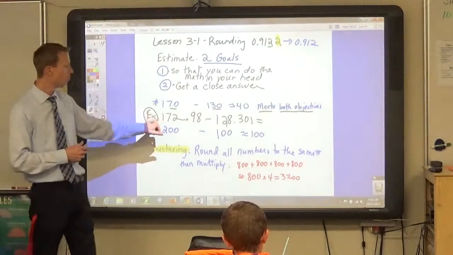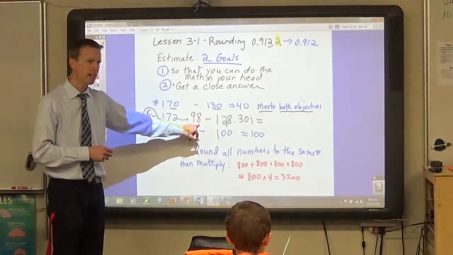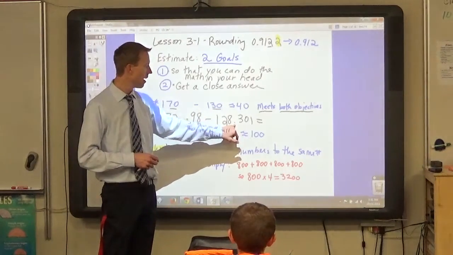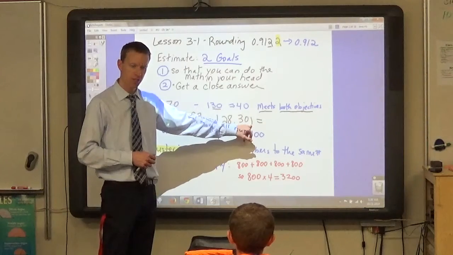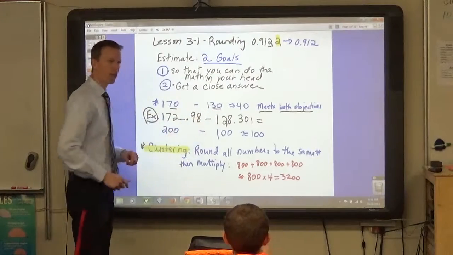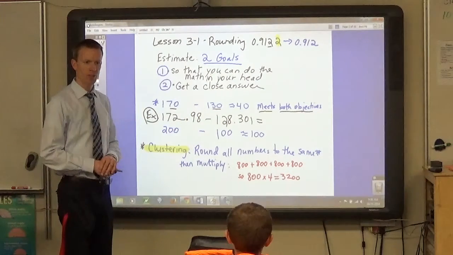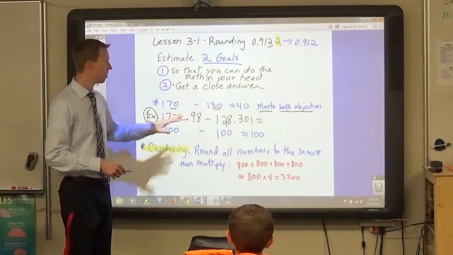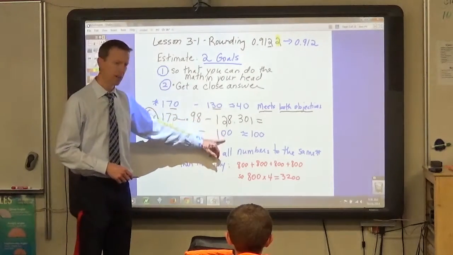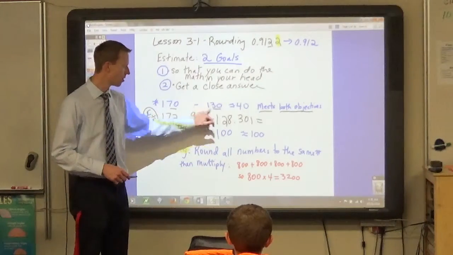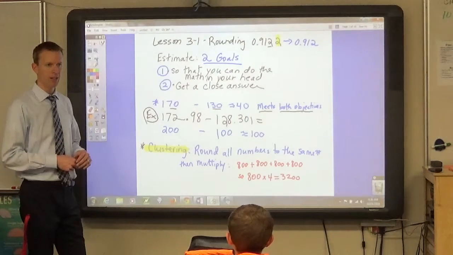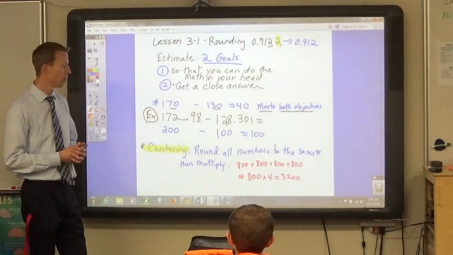If we had the problem 172 and 98 hundredths minus 128 and 301 thousandths, we could do 170 minus 130 in our head. We don't need to round this all the way up to 200 and this down to 100 when we can get a closer answer by rounding it to a problem that we could do in our head. That's a closer number.